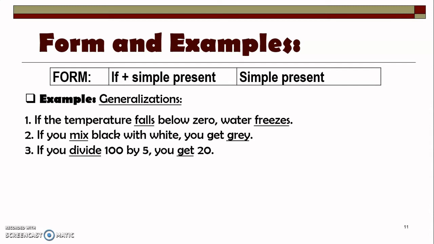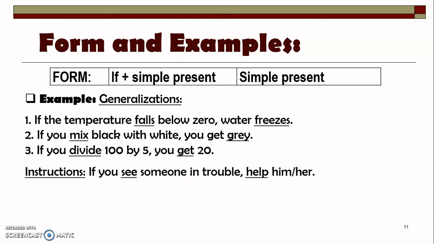First, how we can provide generalizations or facts. If the temperature falls below zero, water freezes. If you mix black with white, you get gray. If you divide 100 by 5, you get 20. These are all facts, and they are expressed using zero conditionals. You can use the zero conditional for instruction, as I've said.